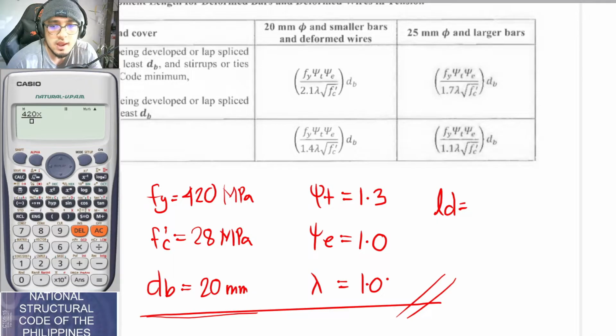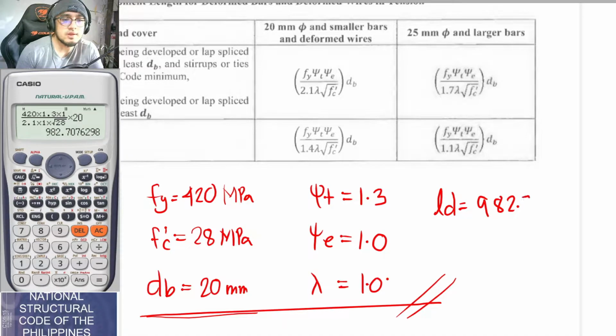So 420 times psi t, which is 1.3, times psi e, which is 1.0, divided by 2.1 times lambda, and our lambda is 1, times the square root of f'c, so the square root of 28, times the diameter of bars, which is 20. And this is equal to 982.71 mm.